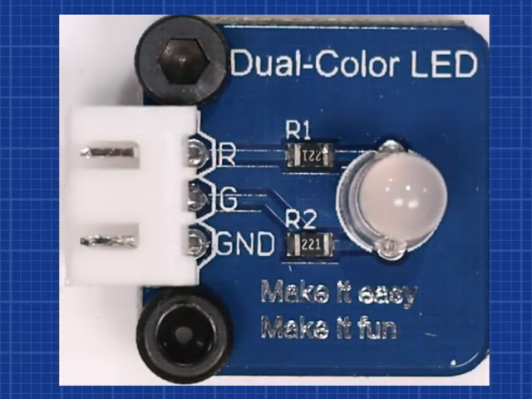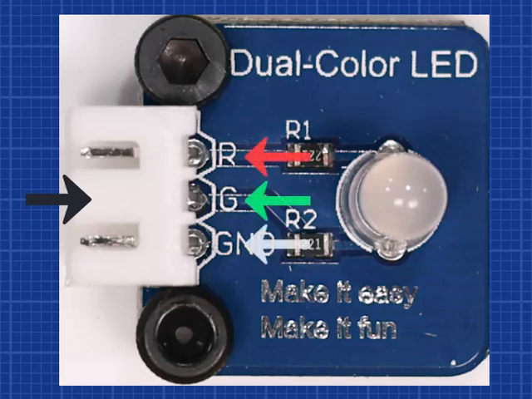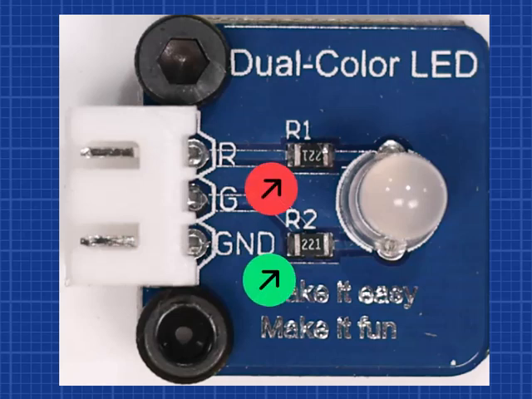Now let's move from the schematic to the actual components on the PCB. Here you can see the 3-pin JST connector, which provides easy access to the R, G, and GND connections. The 220 ohm resistors are clearly visible on the board and are responsible for protecting the LEDs by controlling the current flow.